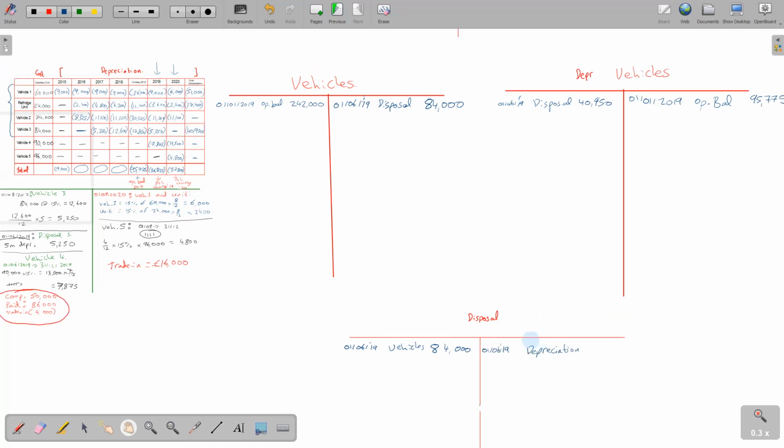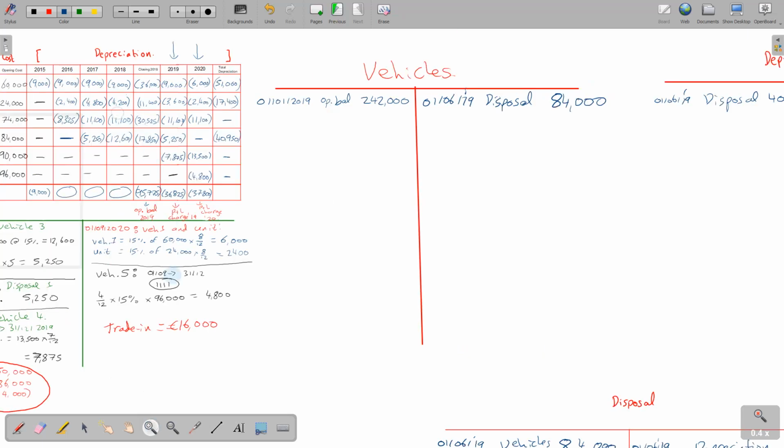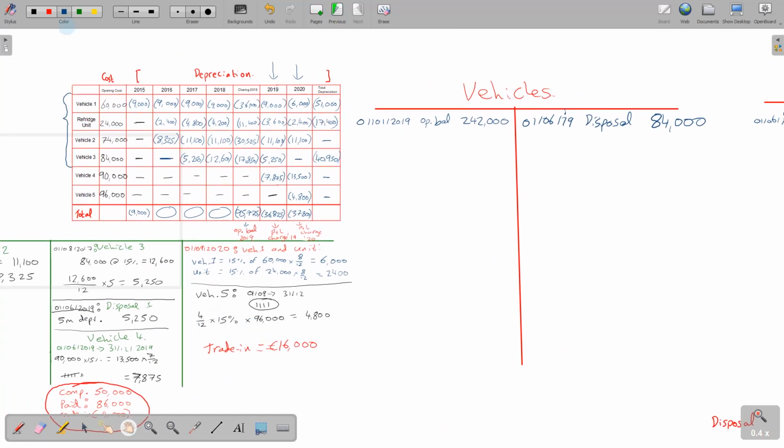And this is where I realized that I went wrong in the vehicle number 3 depreciation. What did I do wrong? Well, if we look at it, this 40,000, I've double counted, because that is just the accumulation of those two. So I'm going to have to change that amount.